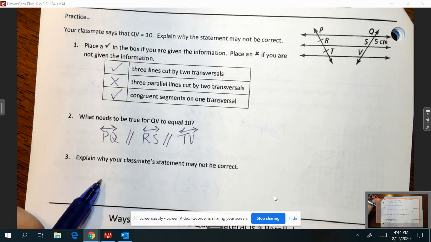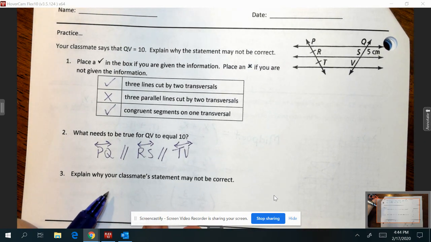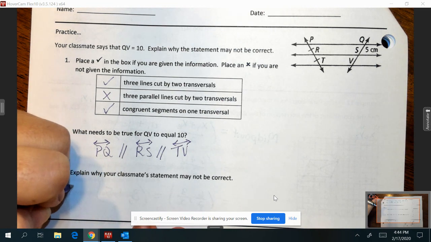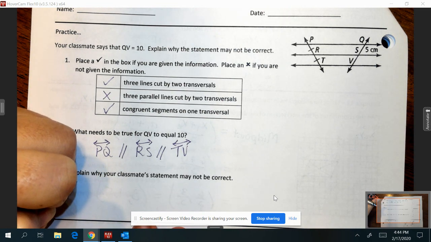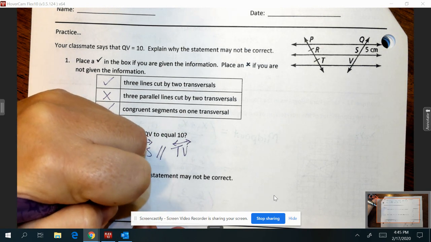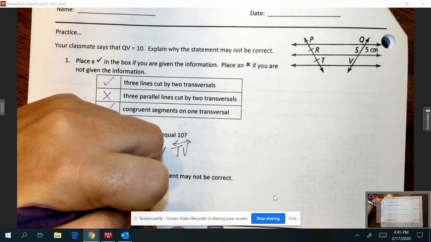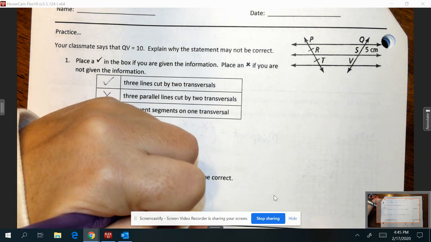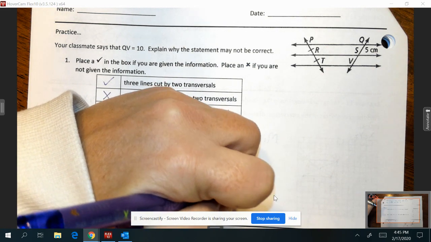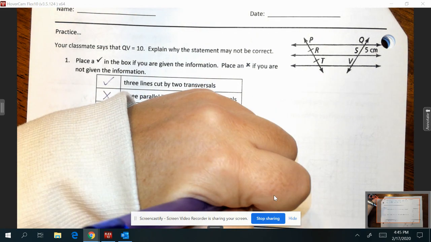Okay, so explain why your classmate's statement may not be correct. It's because the lines aren't marked as parallel. I'm going to put we can't assume. It is correct unless the lines are parallel.